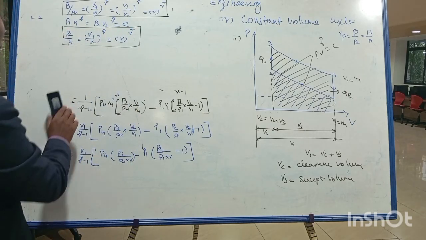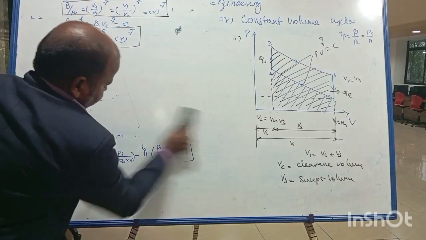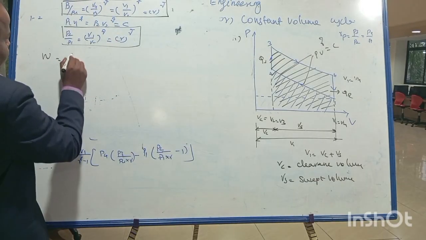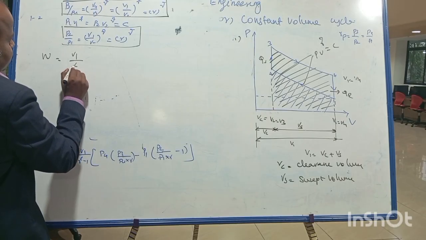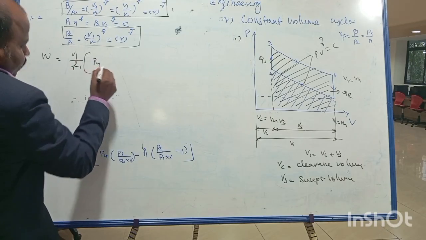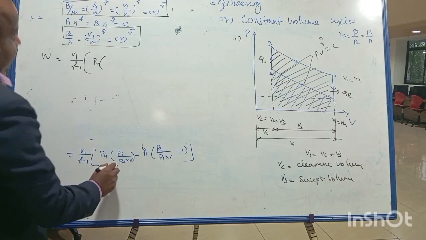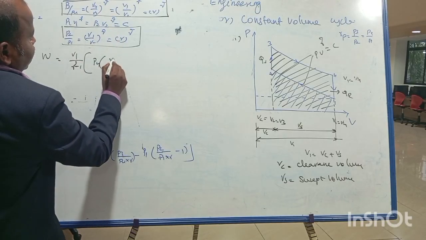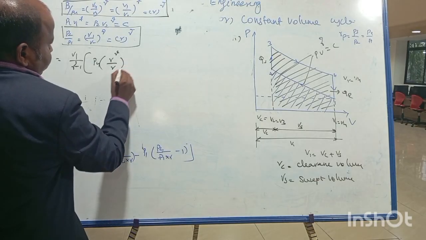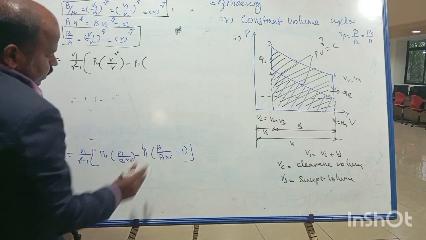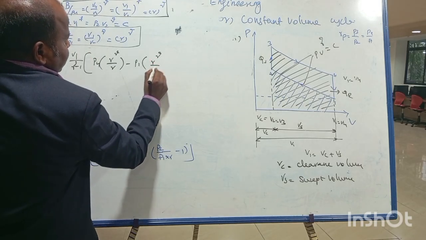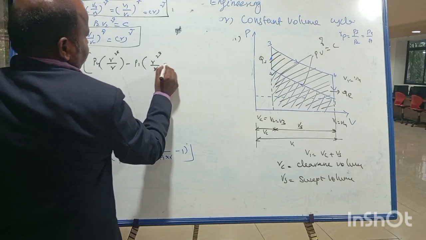So now work done W should be equal to V1 divided by gamma minus 1 into P4 into this P3 by P4 as R power gamma divided by R, minus P1 into this P2 by P1 as R power gamma divided by R, minus 1.